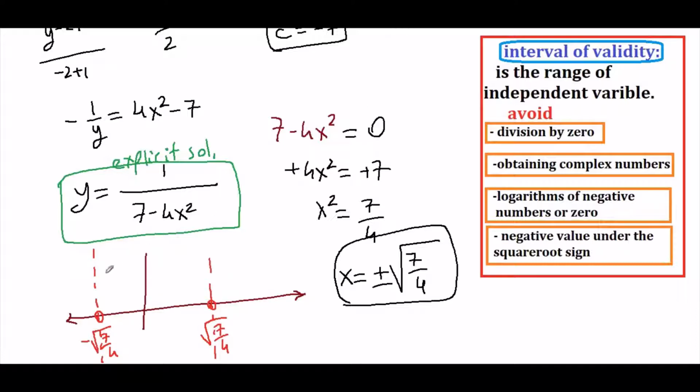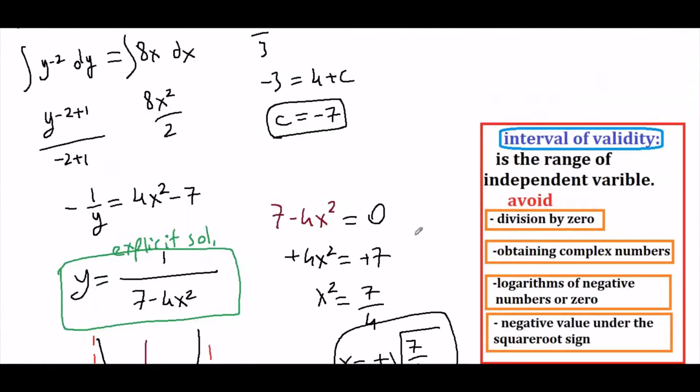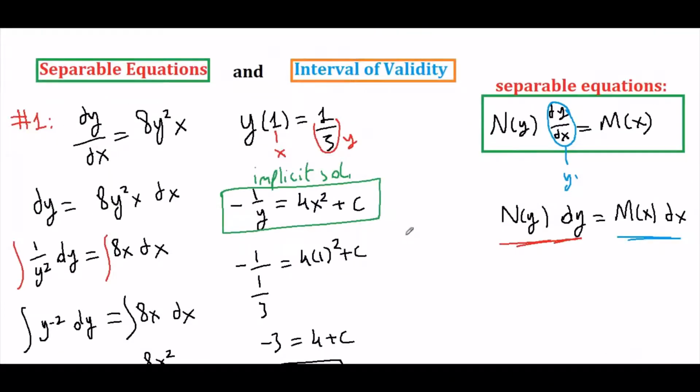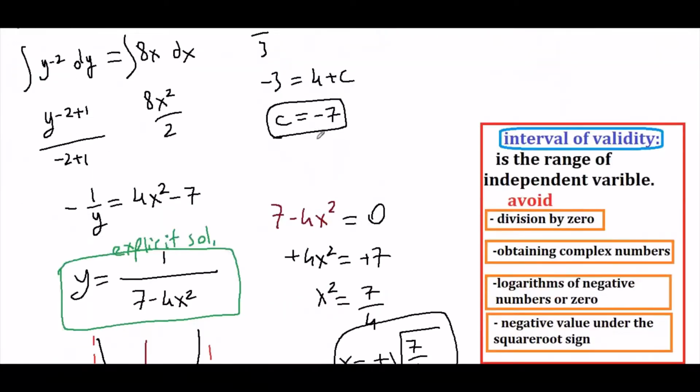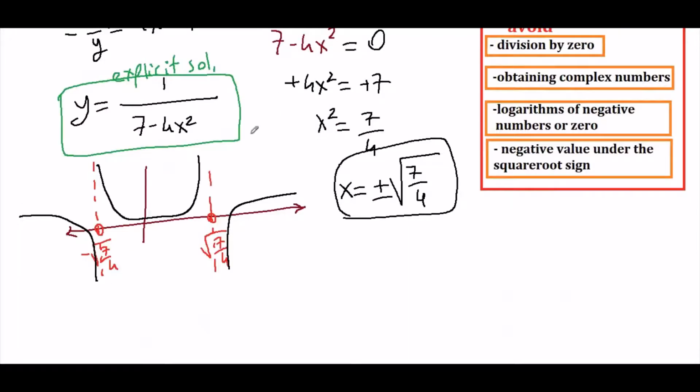Actually, our graph will be something like this. Our interval of validity is the range of the independent variable, so we check the given initial x value. Our given initial x value is 1, so it falls into this zone.